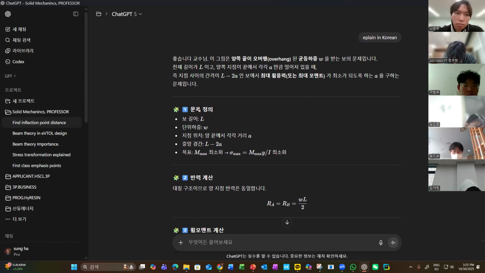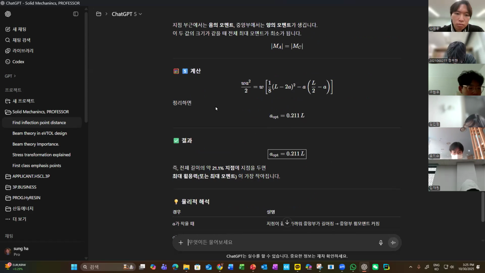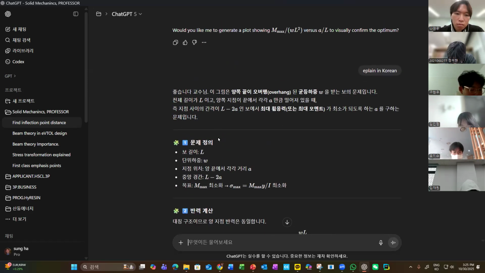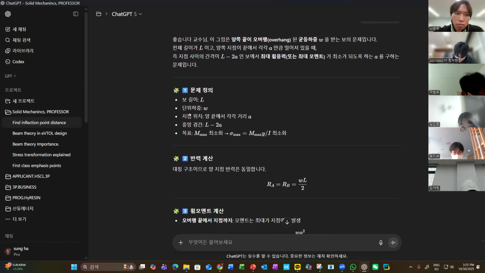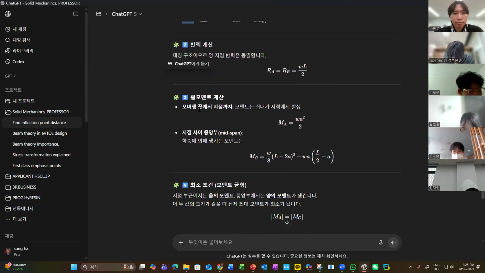And this. We can certainly go through, but the more important point is that we fully understand how ChatGPT understands our problem. Otherwise, the derivation has no meaning. So this is a problem statement, beam length, and the equal 단위 하중 W, and so on. And this is our objective. Since this is symmetric, something like that.